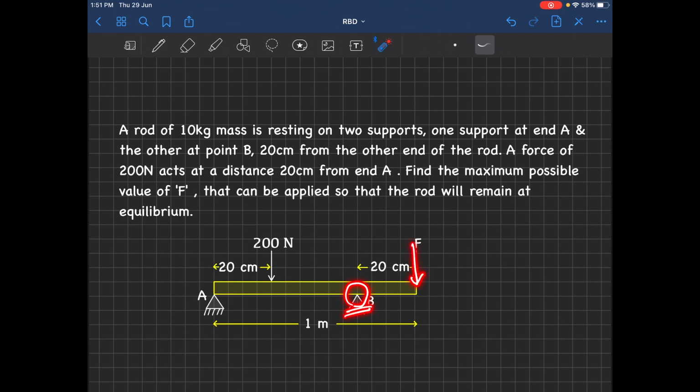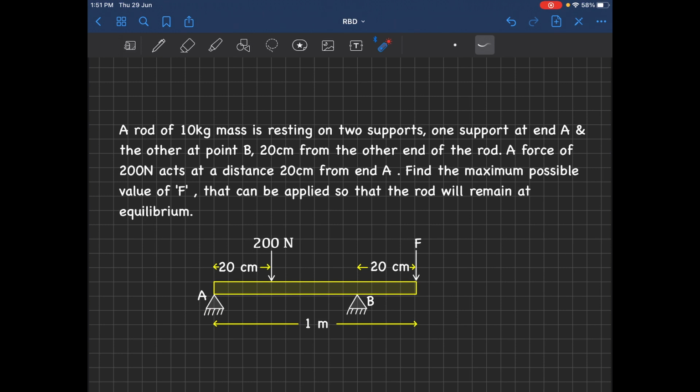If we apply too much force, the rod will rotate this way. That means at point A it will lose contact. So when F is just enough, the maximum, so that the equilibrium is still maintained, in that case this normal is just about to be 0.